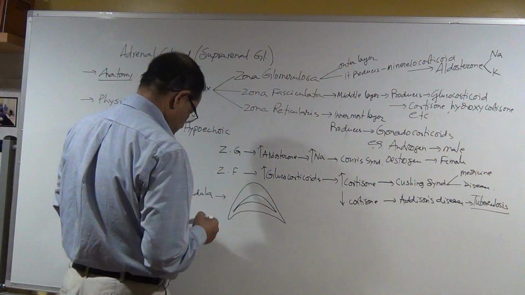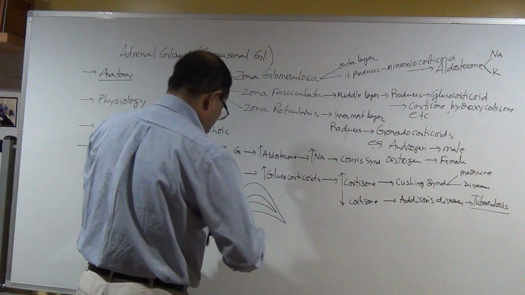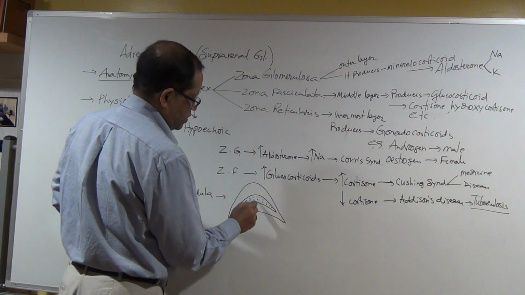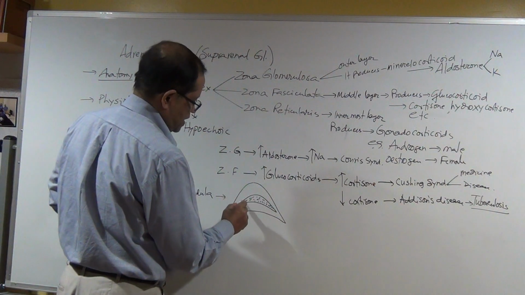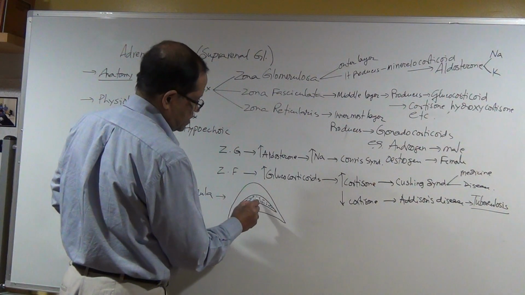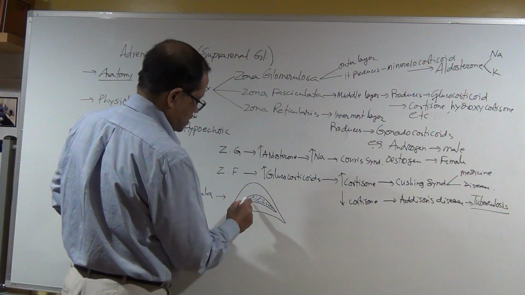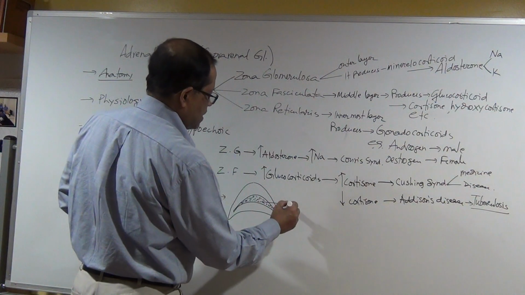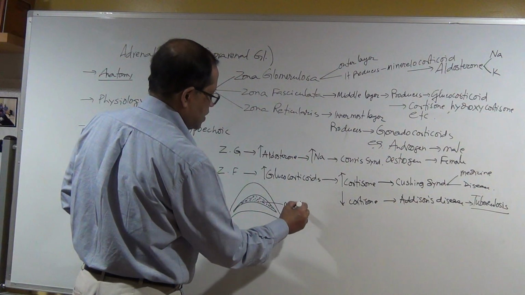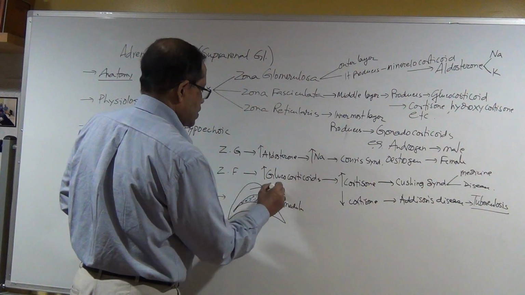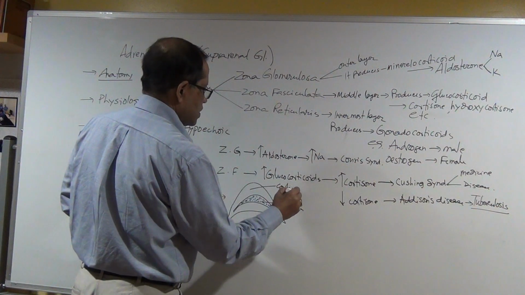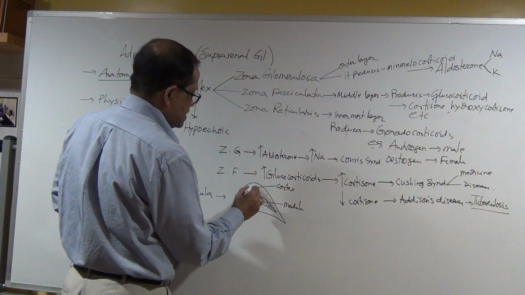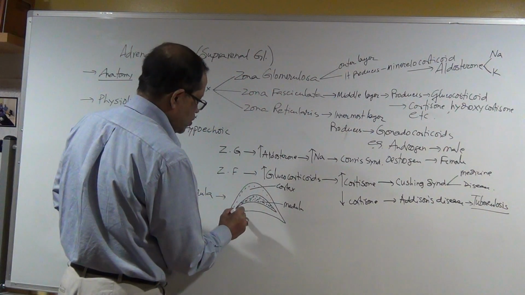so this is more brighter. Sonographically, you will see the medulla is more brighter than cortex. So this is medulla and this is cortex. Cortex has 3 zones, but you cannot differentiate. But you will see the cortex is like a kidney cortex, darker.